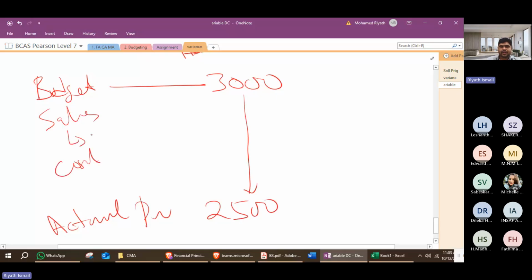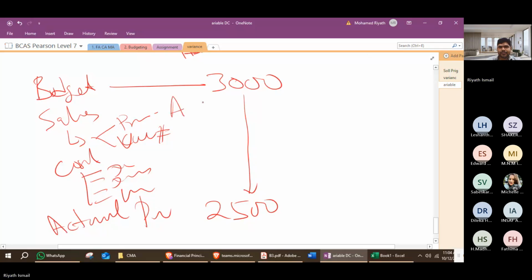The revenue side sales variance, you may have a price variance and volume variance, units and the price. And the cost, you may have direct labor, direct material, direct overhead. Then some are adverse, some are favorable.